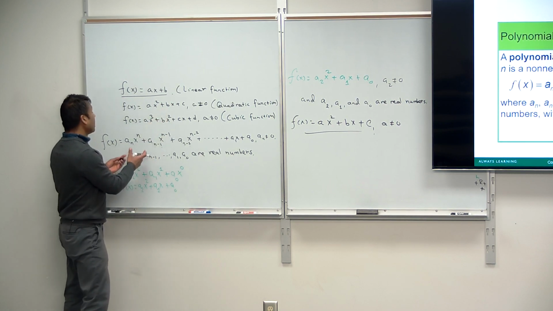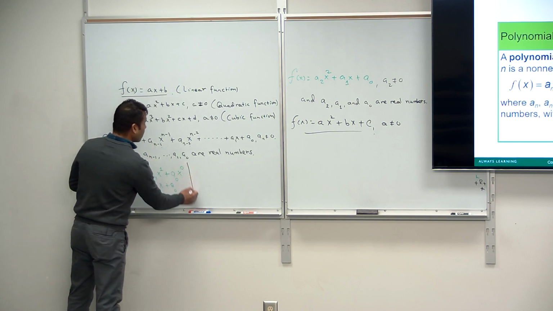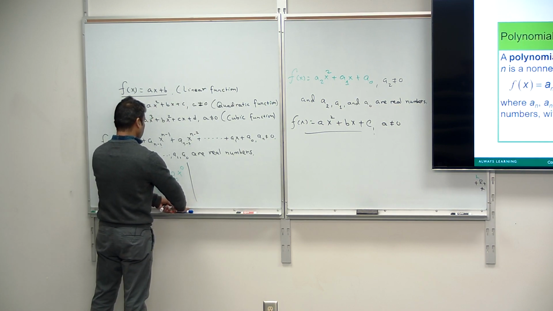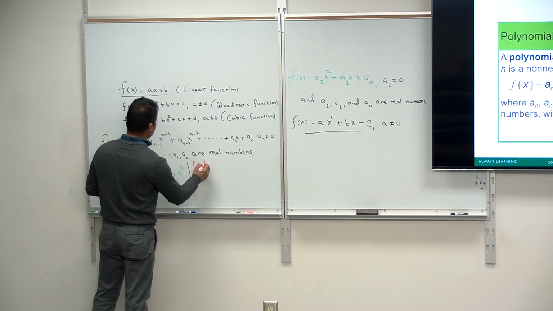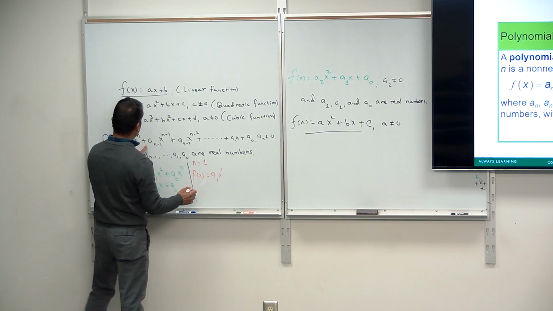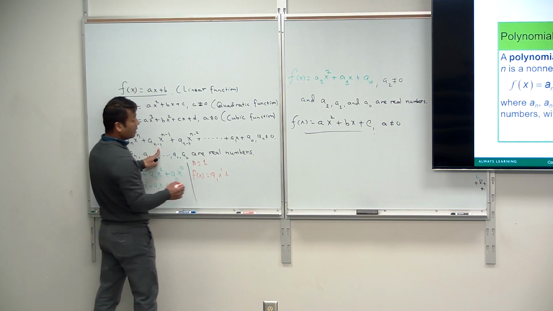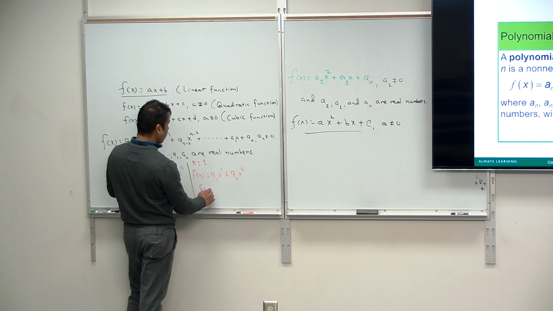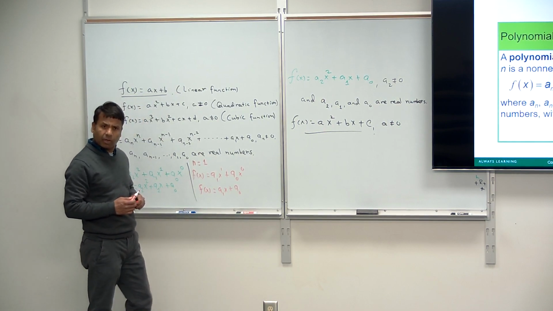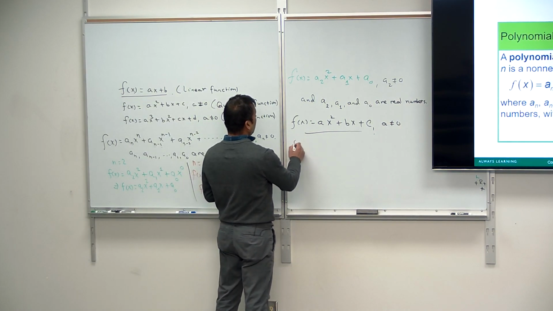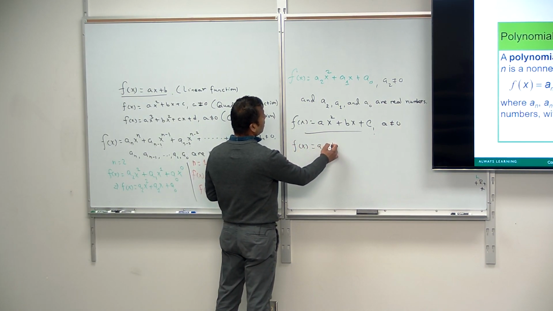Now if I plug in n equal to 1, look here. This will be f(x) equal to a1 x to the power 1 plus a0 x to the power 1 minus 1, which is 0. So that will give you f(x) equal to a1x plus a0.